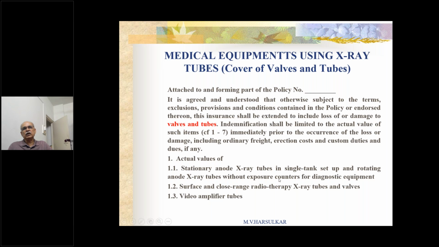So there is no exposure counter. If there is an exposure counter, there is separate wording for those types. And surface and close range radiotherapy X-ray tubes. So it is a surface and close range, near a small portion, not deep. And video amplifier tubes.